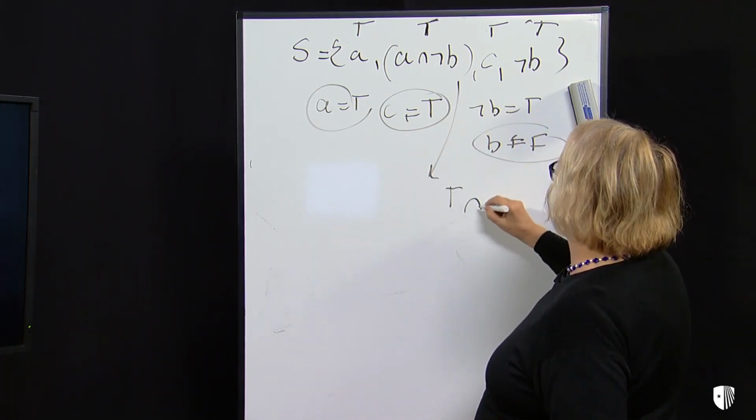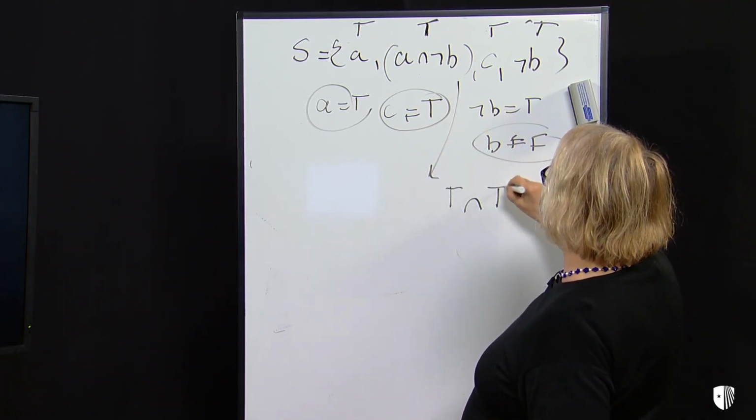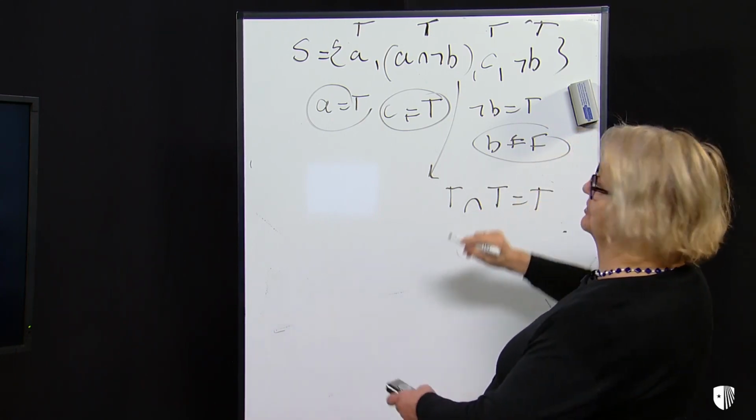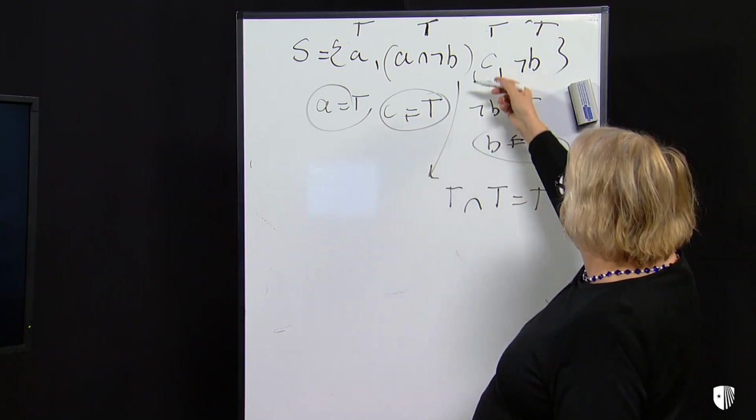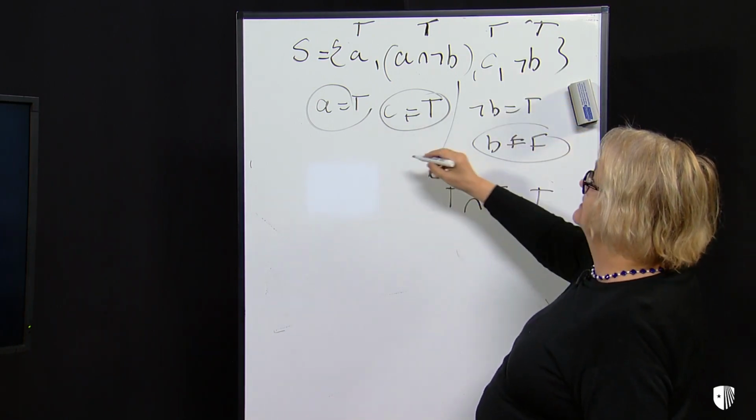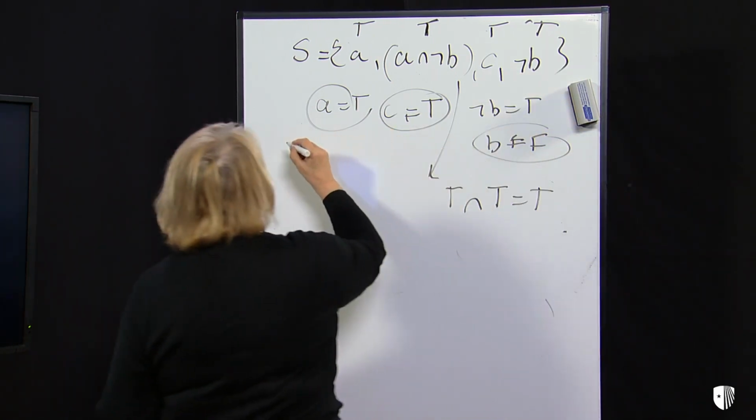You have T and not B T equal T, yes. And you can see, yes, it has a model, and I also prove that there is only one model.